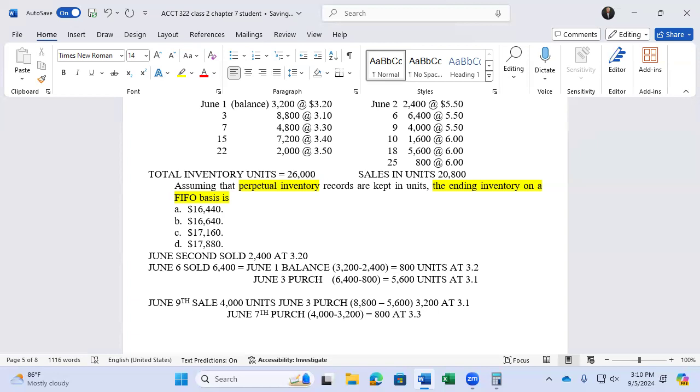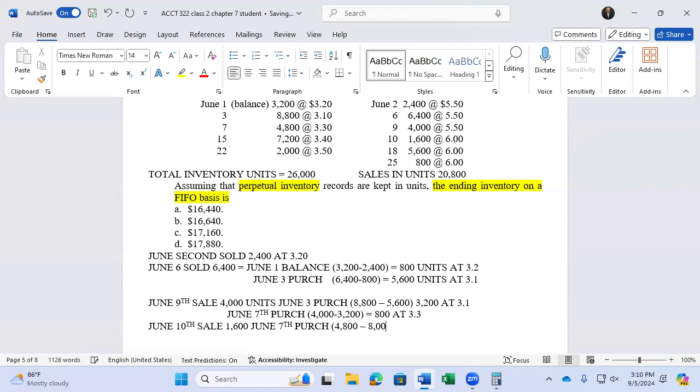All right. And then we have the June 10th sale. And that was 1,600 units. And that'll come from the June 7th purchase. And so we had 4,800 units available.